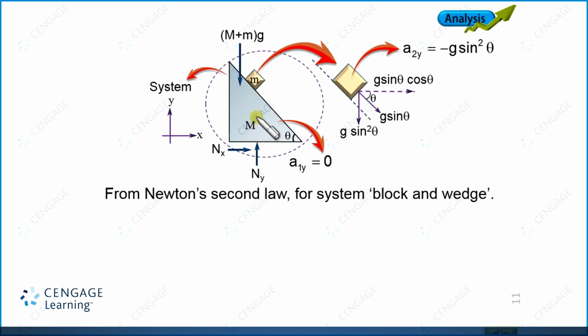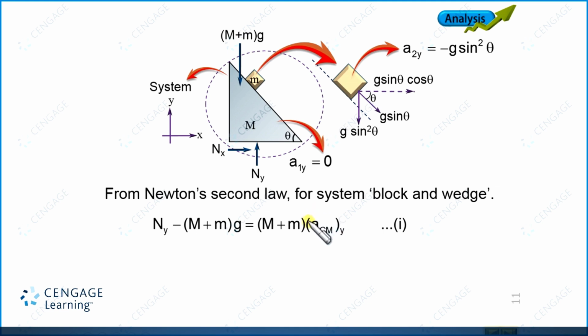But we are not having any guarantee about the motion of the center of mass. So let us assume the center of mass is moving in the upward direction. If we consider this, we can write the equation Ny minus capital M plus small m multiplied by g equal to capital M plus small m multiplied by acceleration of the center of mass in the y direction.